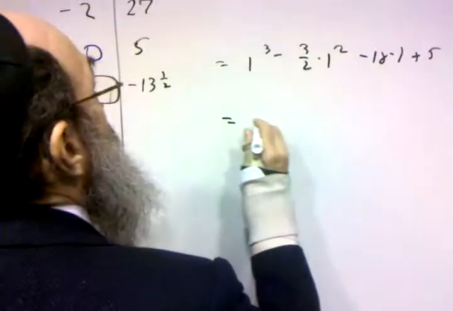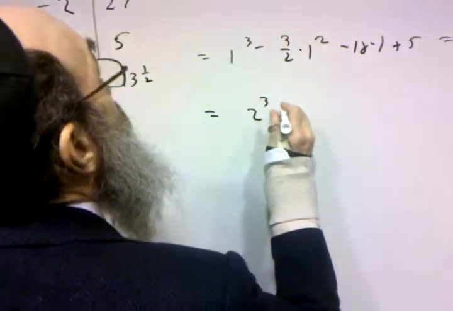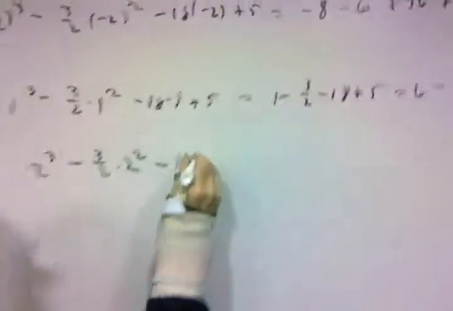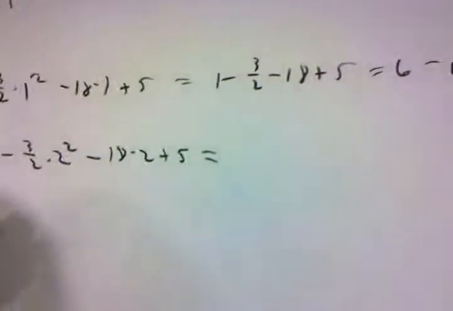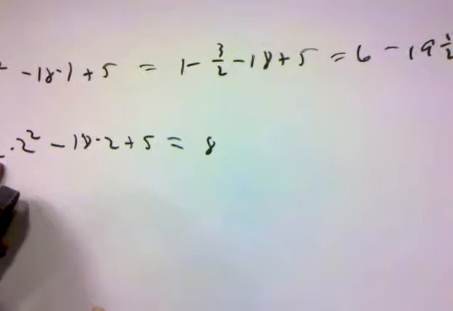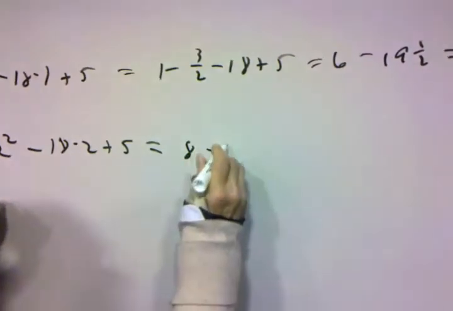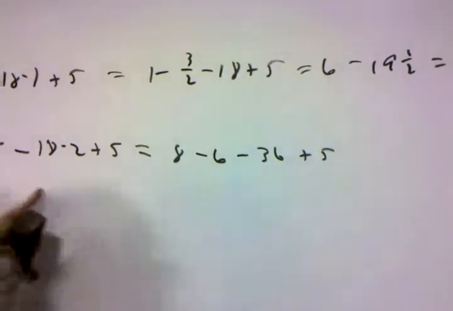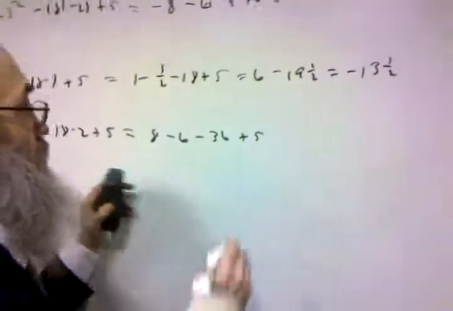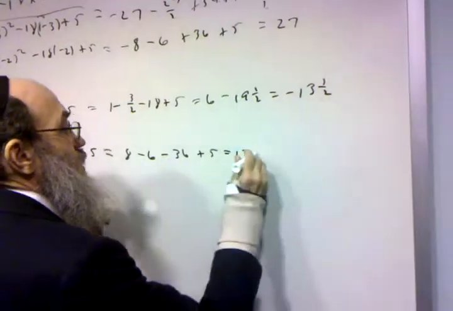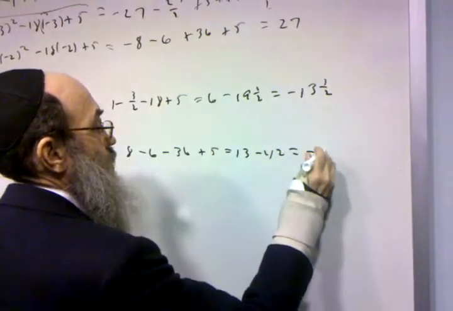I get 2 cubed minus 3 halves times 2 squared minus 18 times 2 plus 5. This equals 8, and 4 times minus 3 halves is minus 6. Minus 36 plus 5. So 8 and 5 is 13, minus 42 equals minus 29. This is minus 29 right here.